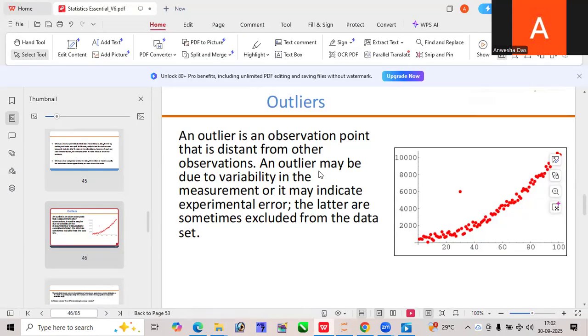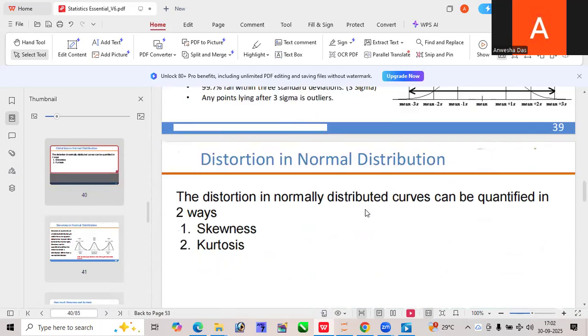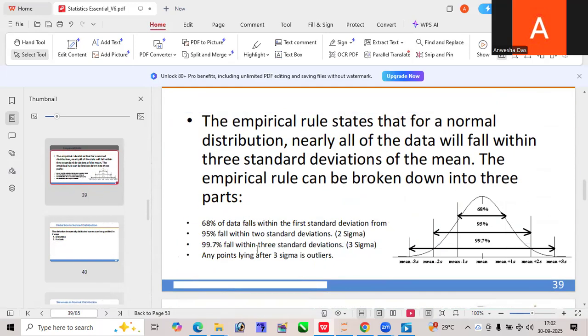Again, we will go to that PDF and see here. 68% of data falls within the first standard deviation. 95% of data falls within the second standard deviation. 99.7% of data falls within the third standard deviation.